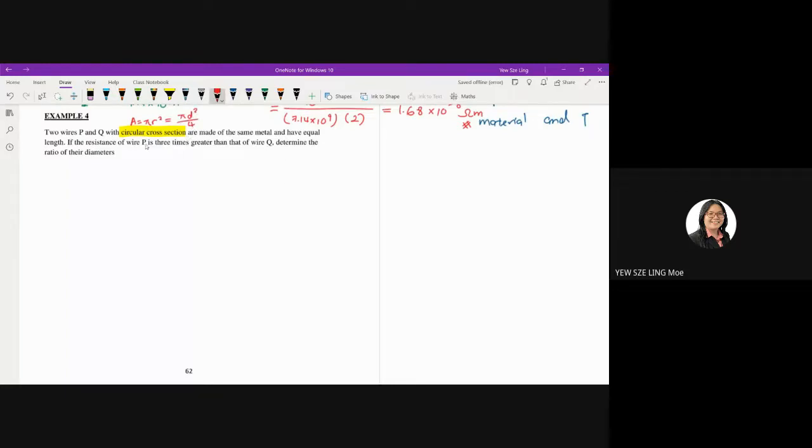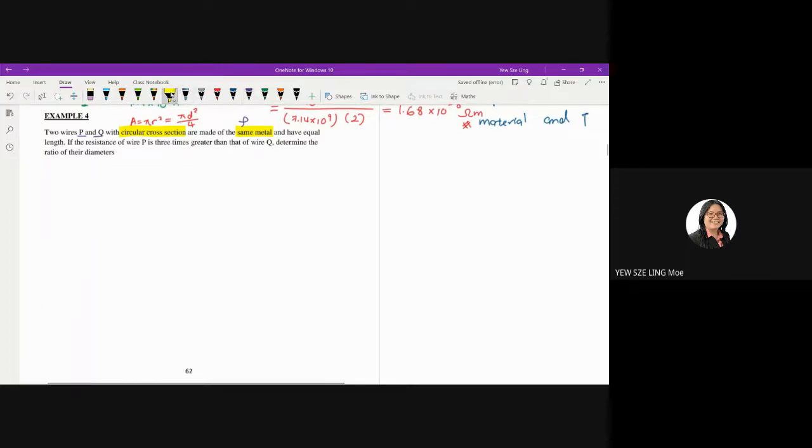All right, they are made of the same metal. Why is the term same metal very important? Even though you have two different wires P and Q, if both are made of the same material, the same type of metal, it means they will have the same rho. Same metal gives you the hidden information that rho for P and rho for Q are equal.